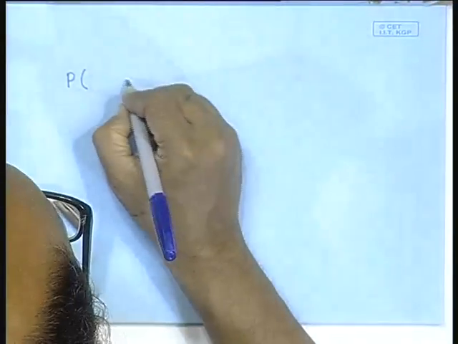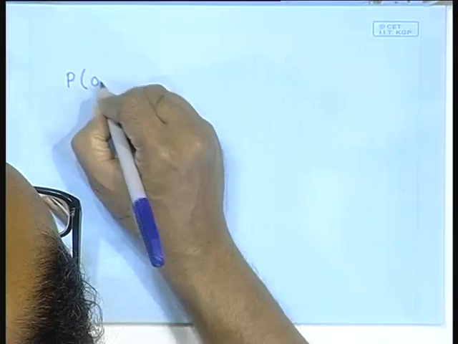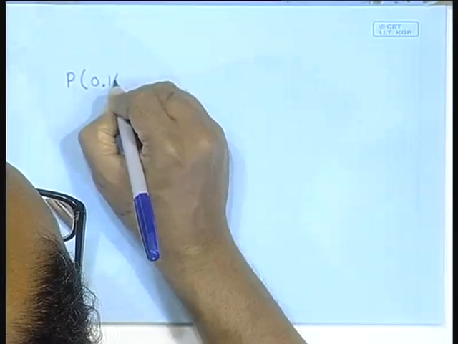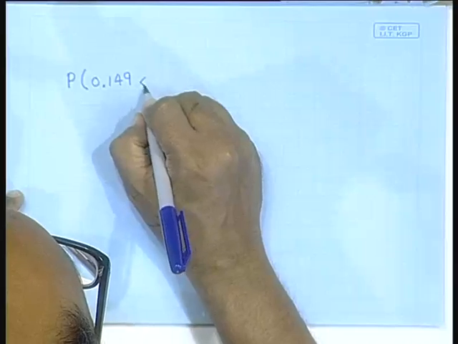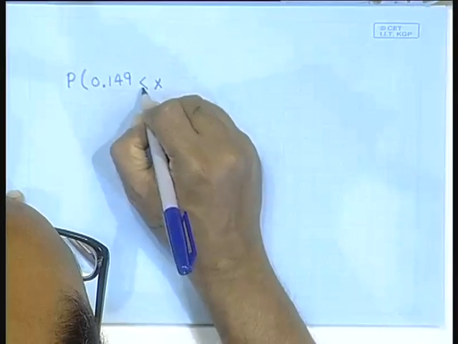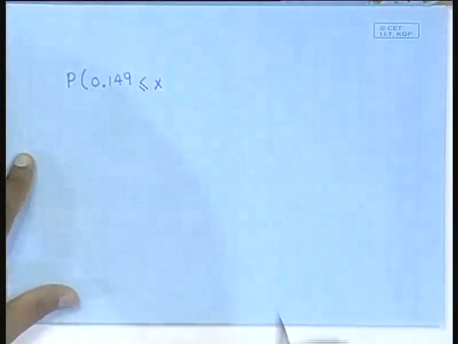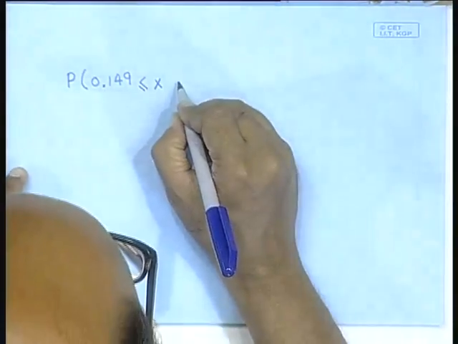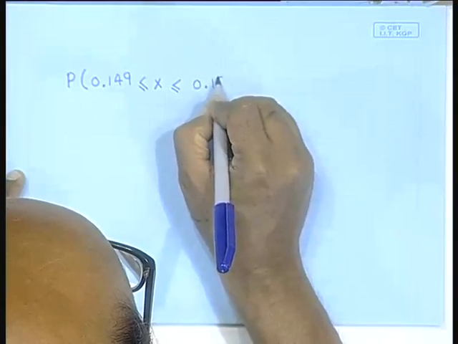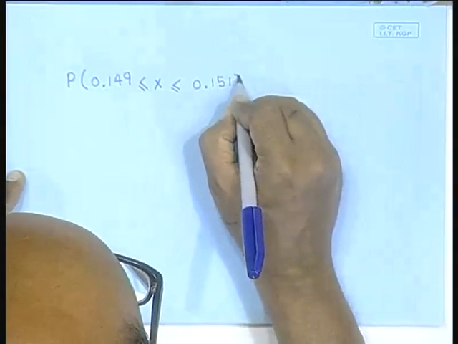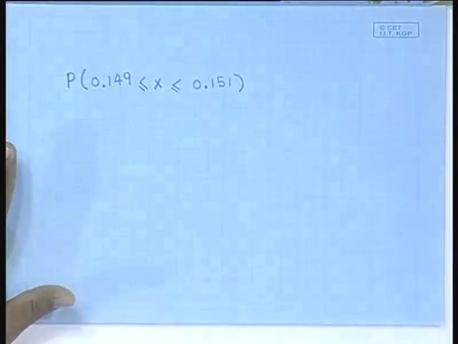So, let us say the question is: what is the probability that x, the position of the particle, is more than 0.149 and less than 0.151? So, this is a question whose answer you could get.